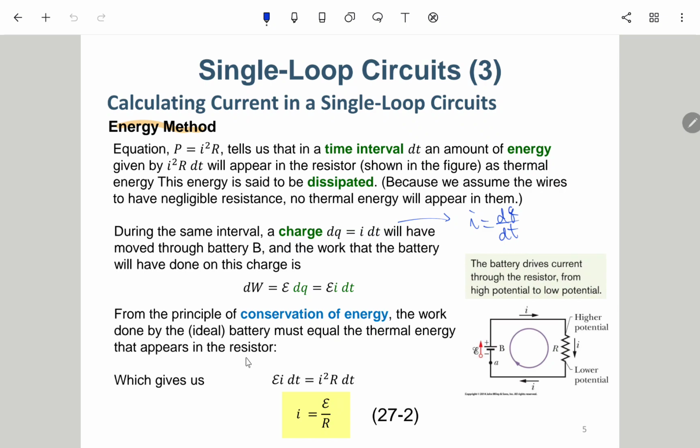Actually, we already know the power consumption of the resistor, if you remember.